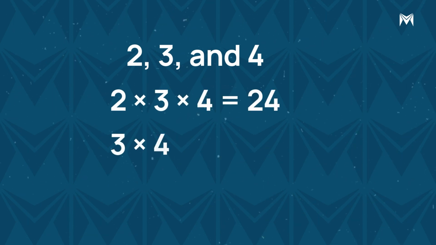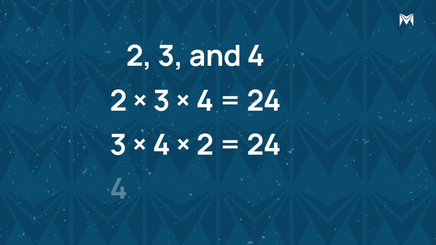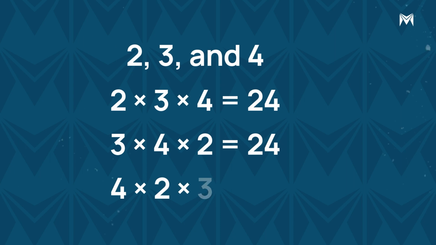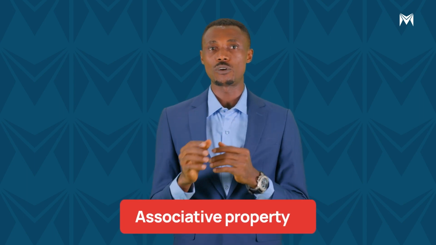Similarly, 3 times 4 times 2 is equal to 24. And 4 times 2 times 3 is also equal to 24. So, the commutative property of real numbers tells us that the order in which we add or multiply the numbers does not change the result.